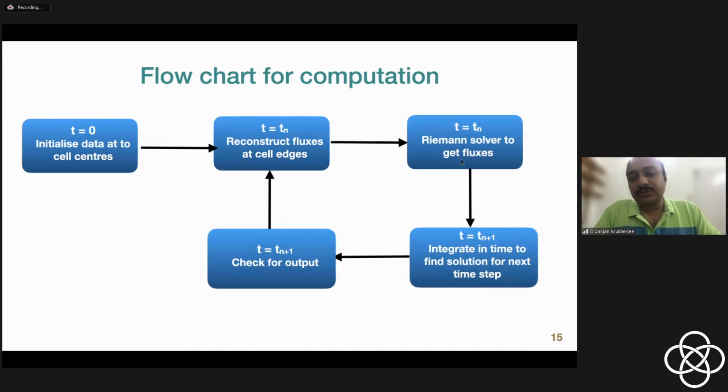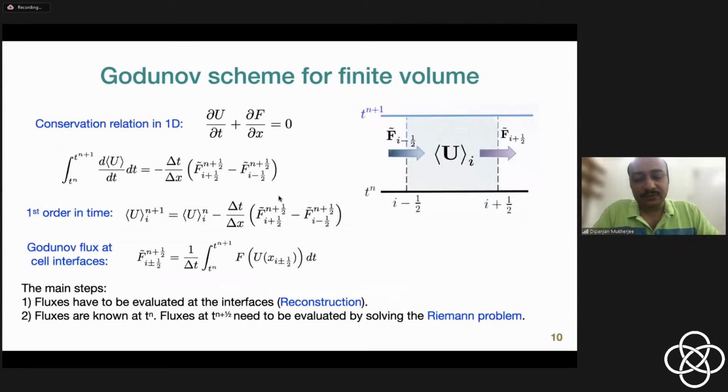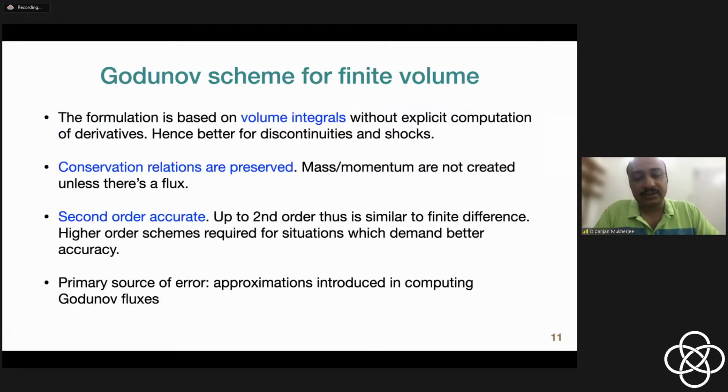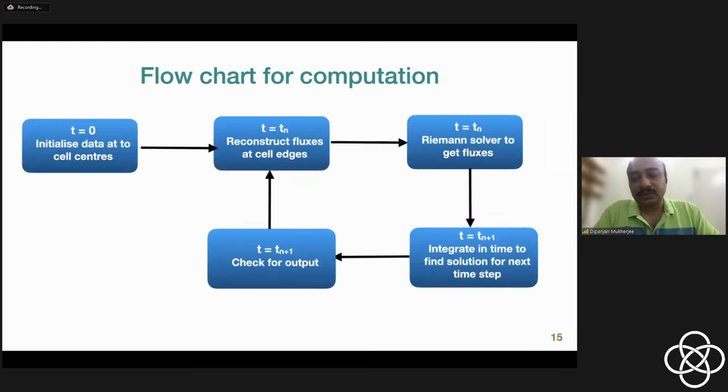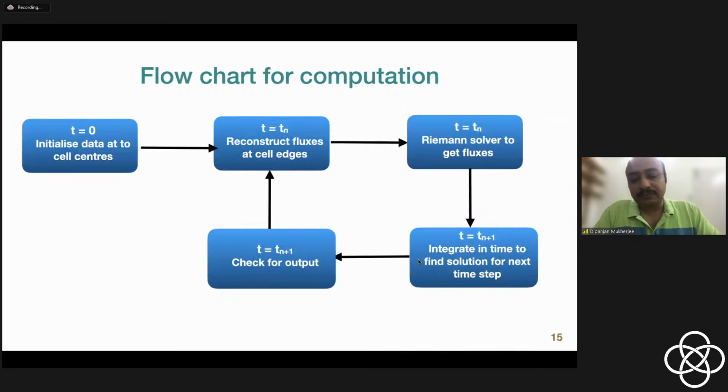So the Riemann solver gives you the final solution at the fluxes, and then you integrate in time. With the values of these fluxes, you perform the time integrals. This is a first order integration in time. You can also perform second order, fourth order integration using various numerical schemes for time evolution. So then you evolve in time. You check if your code is due for an output, then you write out the data, and you keep on doing this loop till you reach a criterion that you want to finish.